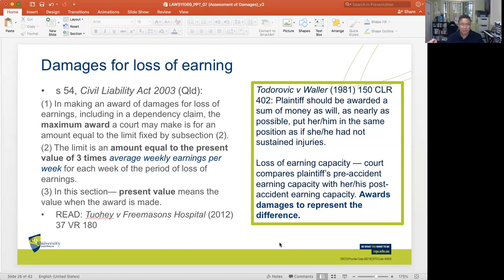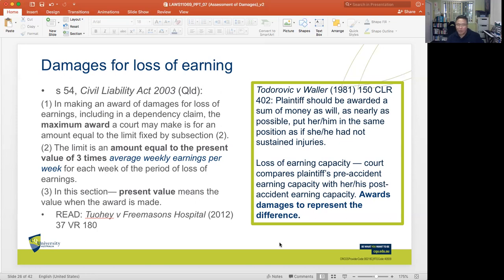So there is a maximum award. Now, what is the limit? The limit under Section 2 is that it is an amount equal to the present value of 3 times average weekly earnings per week for each week with a period of loss of earnings. In this section, present value means the value when the award is made.